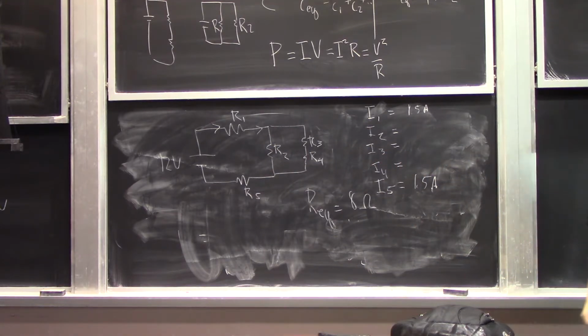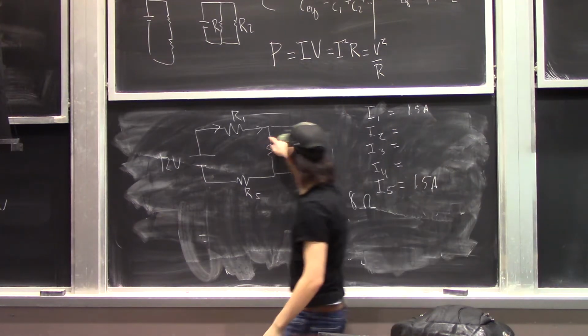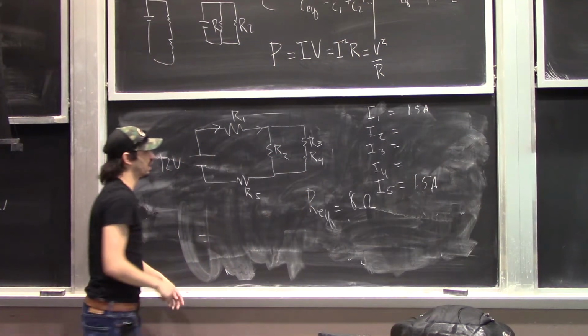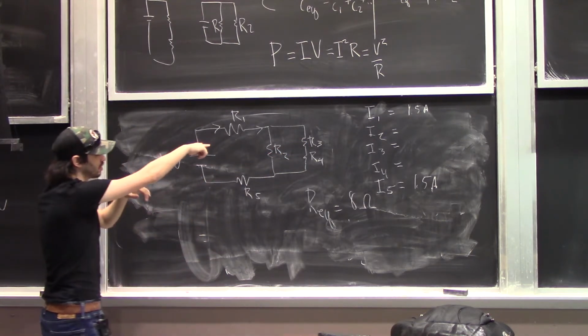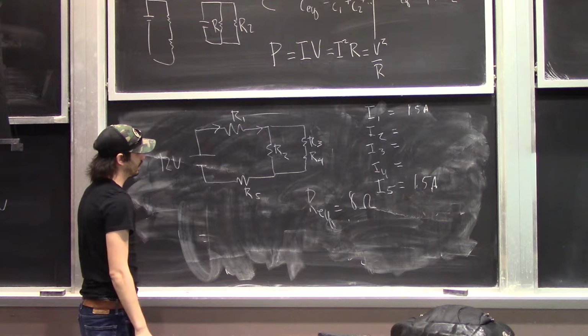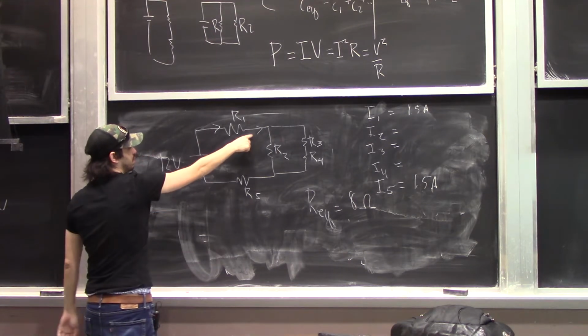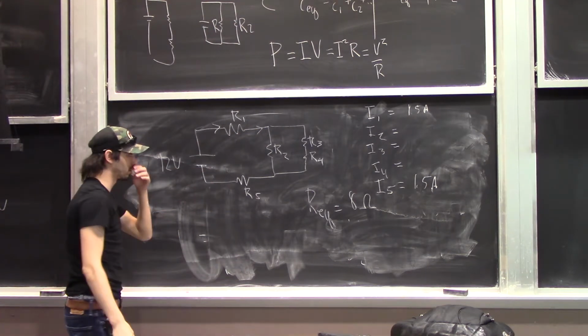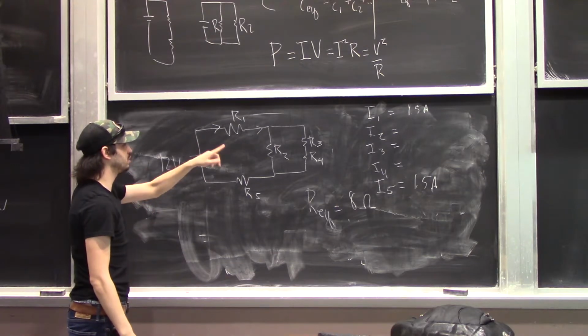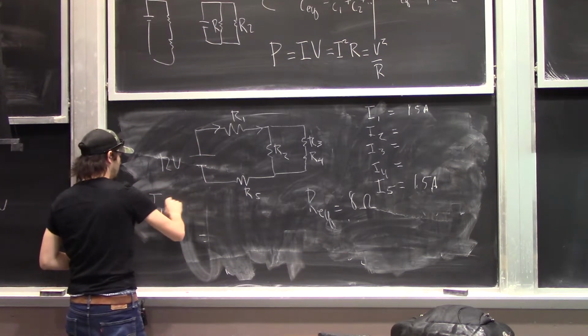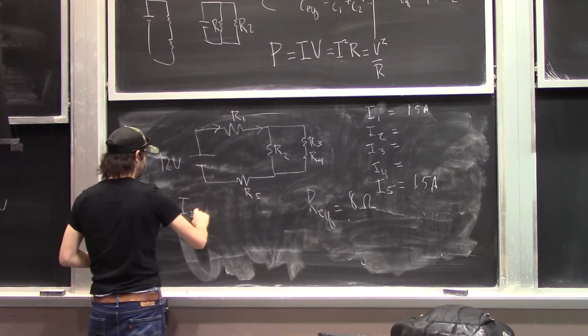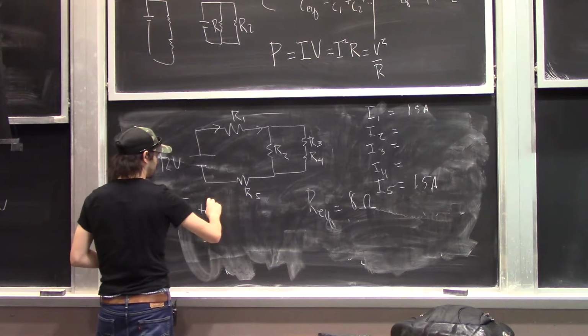This portion right here has half of the resistance that this has. But the sum of these currents is going to be equal to the current that comes into the junction in the first place. And so I can say that I1 is going to be equal to I2 plus I3.